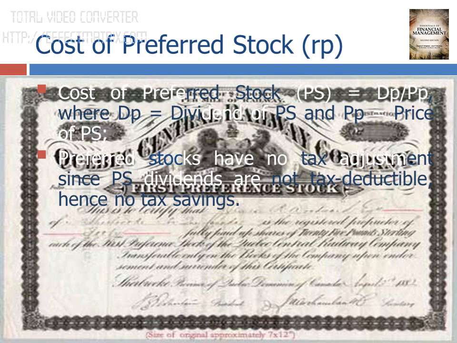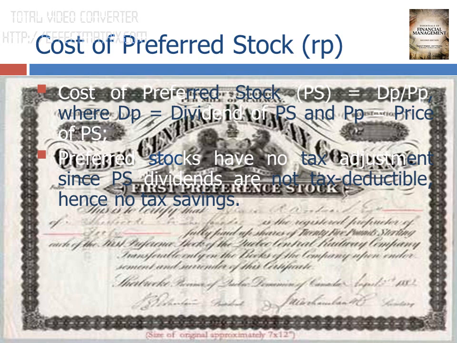Before we proceed with the sample illustration, I forgot to include this in the PowerPoint. Question: do we incur flotation costs for preferred stocks? The answer is definitely yes. Same with debt, we pertain to new debt, so there may be flotation costs. For preferred stocks, these are new stocks, so there are also flotation costs.